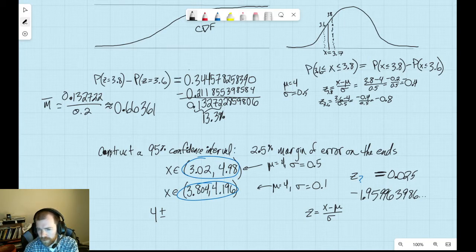We wanted it to be 1.96, 1.95996, etc. times sigma plus mu, or mu plus or minus. We'll figure it out here. It's fine. Mu plus or minus z times sigma.